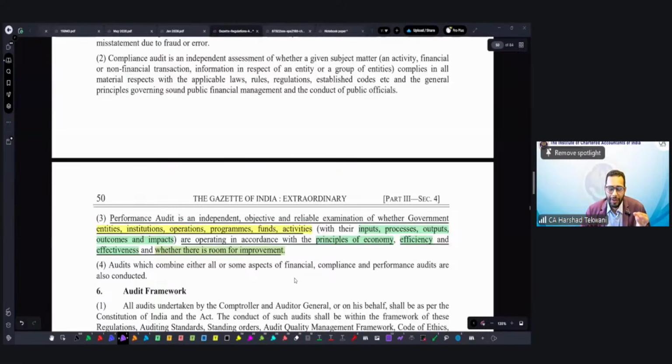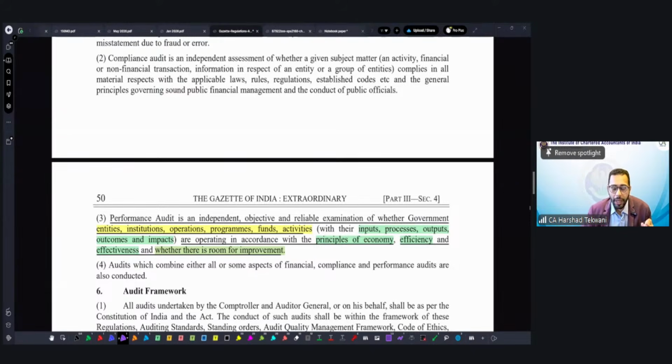When we talk about this performance audit, we are talking about entities, institutions, operations, programs, funds, or activities. We are talking about these as the subject matter. The entities, institutions, programs are the subject matters that will be audited.